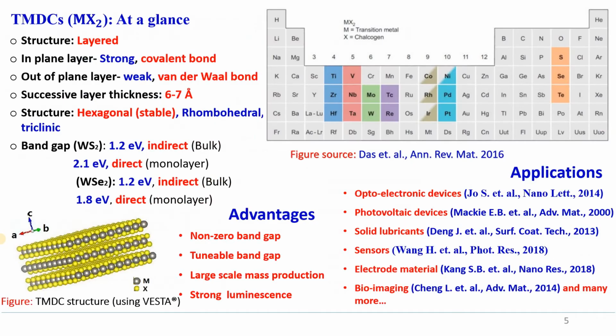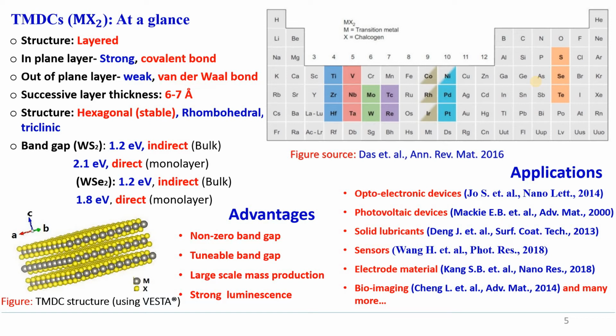Now coming to the transition metal dichalcogenide system. From the periodic table, we can see the transition metals and the chalcogen elements that have been highlighted. There may be different permutations and combinations between the transition metal and chalcogen elements, which result in 40 different TMDC systems.